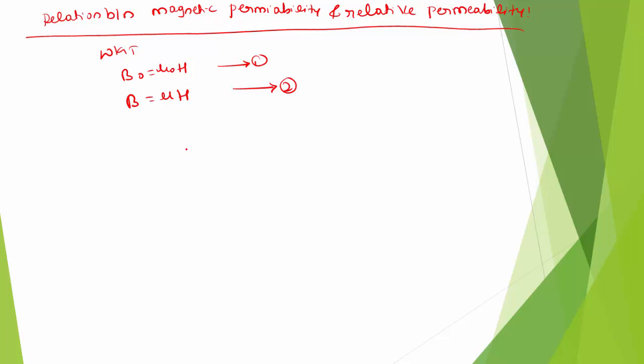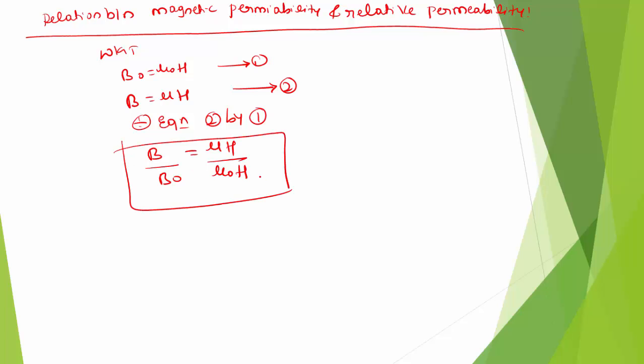For the relation between magnetic permeability and relative permeability, dividing equation 2 by 1, we get B divided by B naught is equal to mu H divided by mu naught into H. B divided by B naught is the relative permeability.